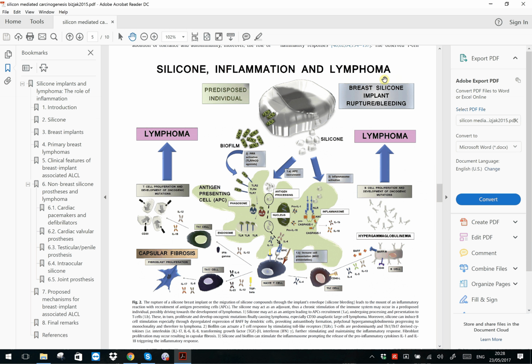So a ruptured breast silicone implant, bleeding silicone outside and causing a seroma or an effusion with monocytes, is not neoplastic per se, but should of course cause anxiety concerning this process of inflammation.